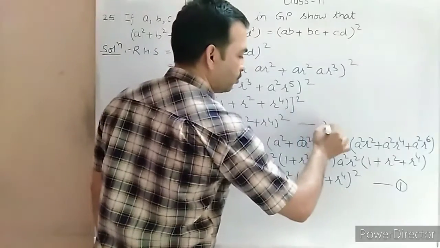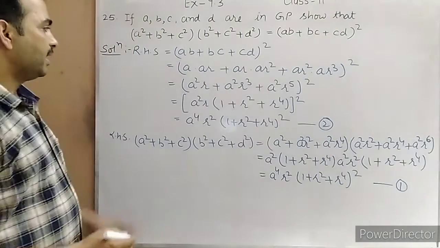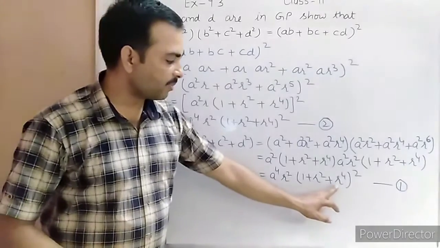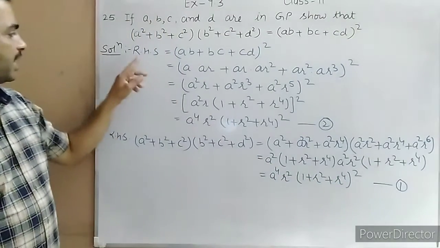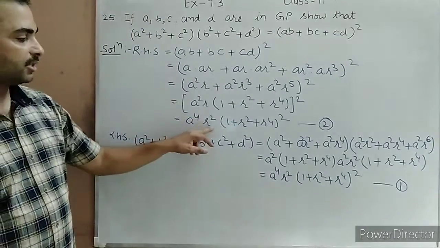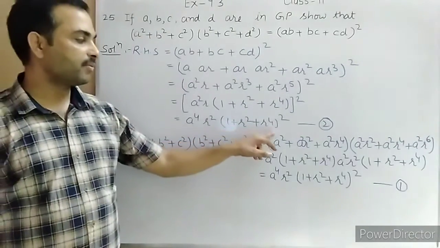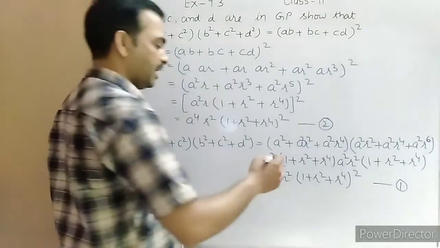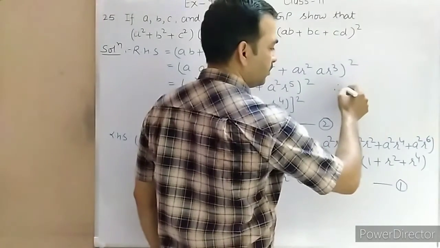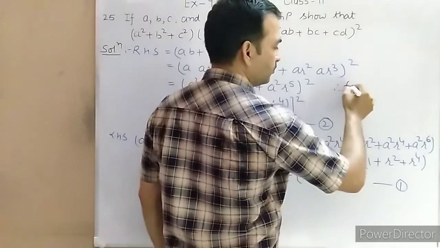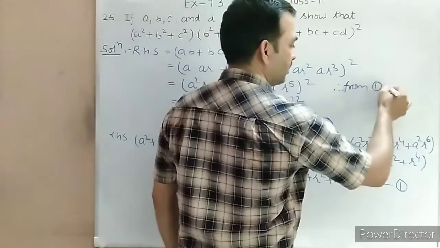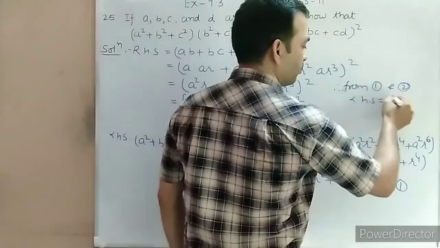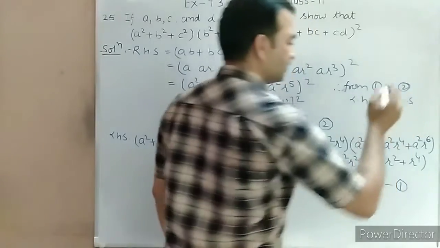So from 1 and 2 I can see that LHS is A power 4 R square 1 plus R square plus R power 4 whole square and the RHS is the same. So LHS is equal to RHS.